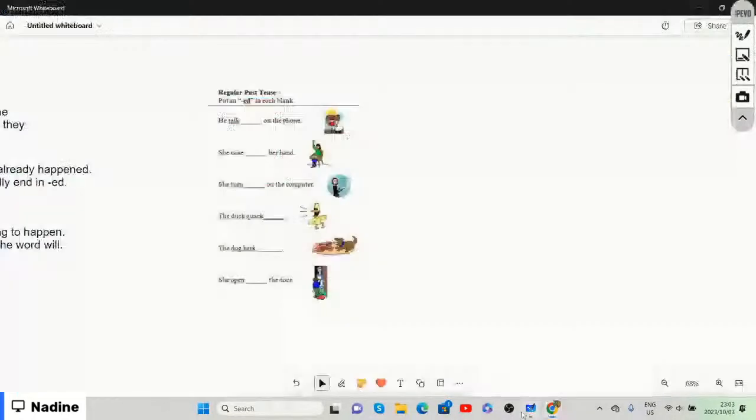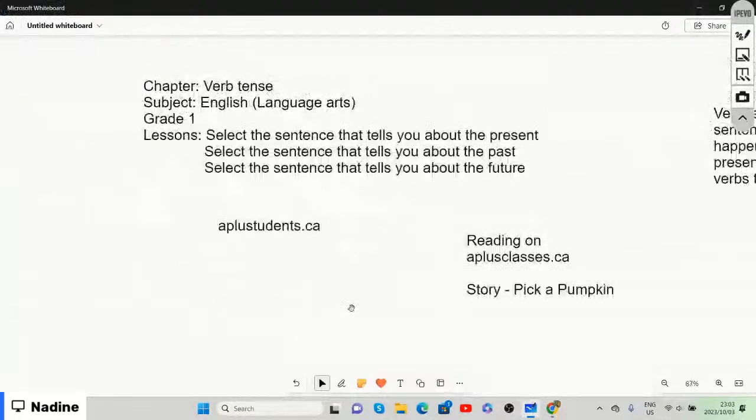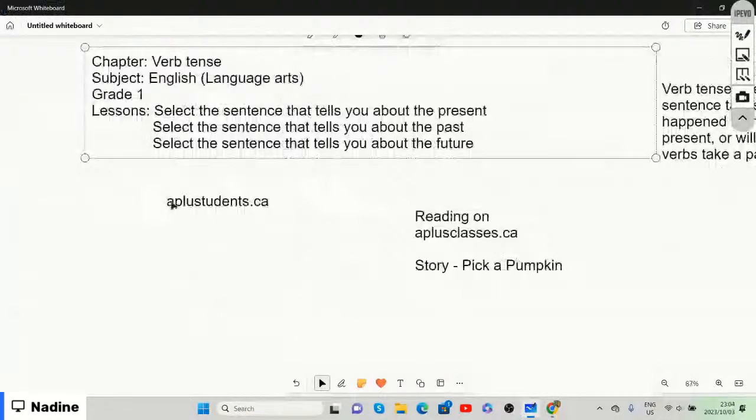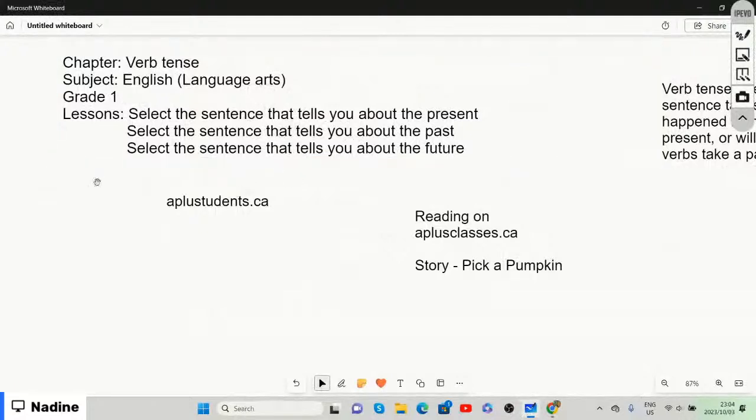All right, so once we get to the chapter of verb tenses, our subject is English language arts, grade 1.